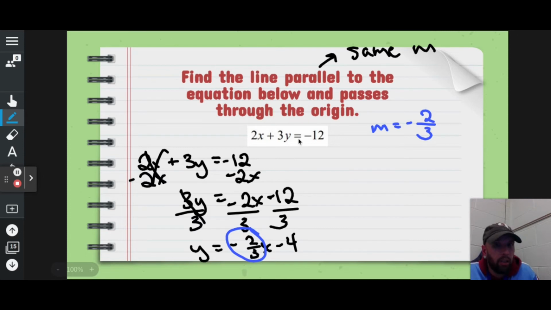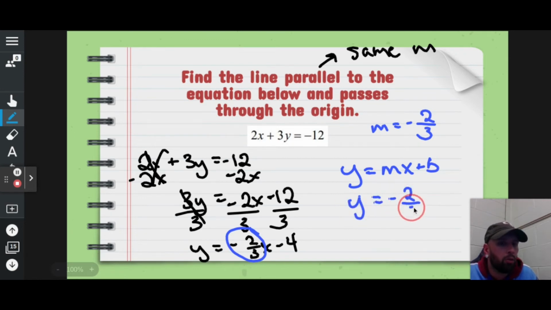If the origin is 0, 0, that means the y-intercept is 0. So if I'm thinking slope-intercept, which is y equals mx plus b, and if the y-intercept is 0 and my new slope is negative 2/3, then I have y equals negative 2/3 x plus 0, which means I'm not going to put anything else. So I'm done.